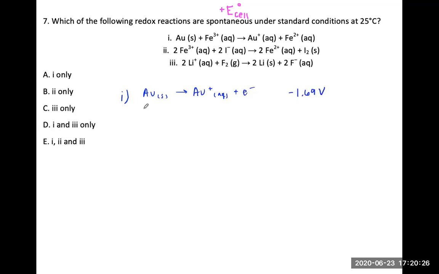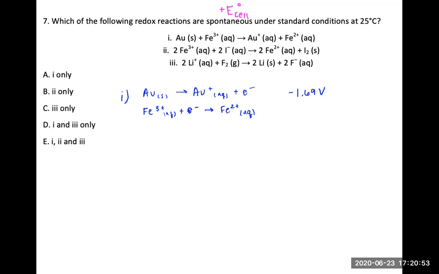And then you can see we have the reduction of iron as it gains 1 electron to become iron 2+. So here we have to be really careful to make sure we pick the correct iron reduction reaction and make sure we pick the one where we just go from 3+ to 2+.